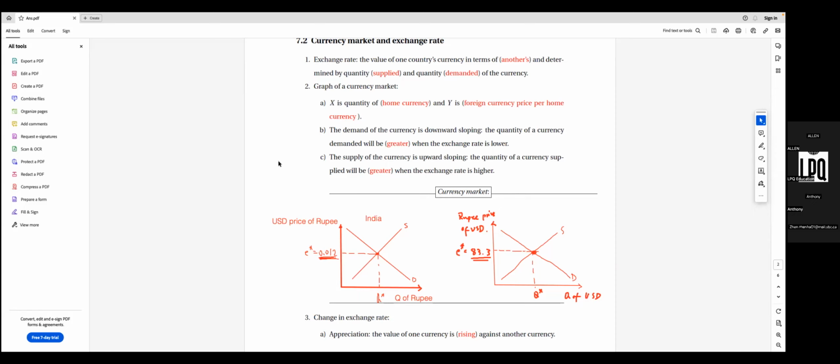But why do Americans buy CAD, or Indian rupee? Two fundamental reasons. Either they want to buy things made by your country, or they want to invest their money into the Indian market.